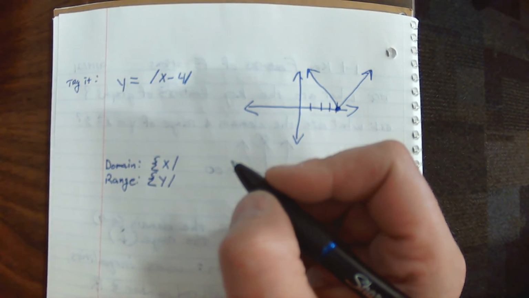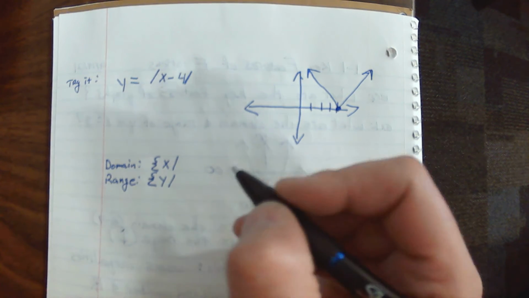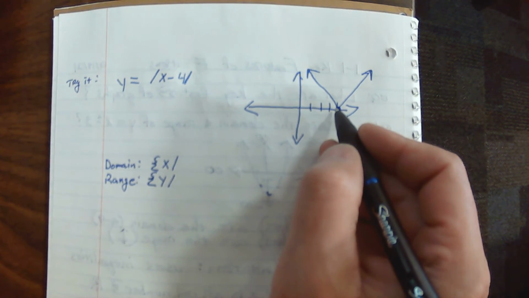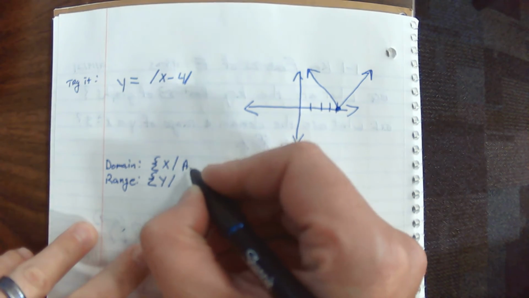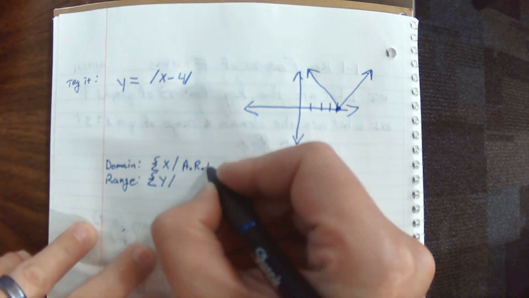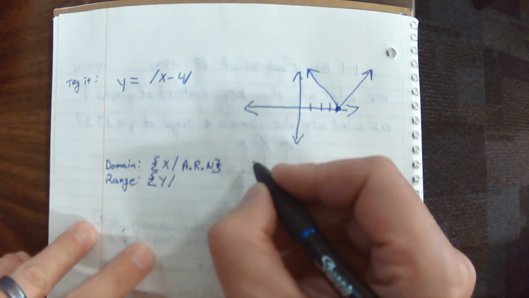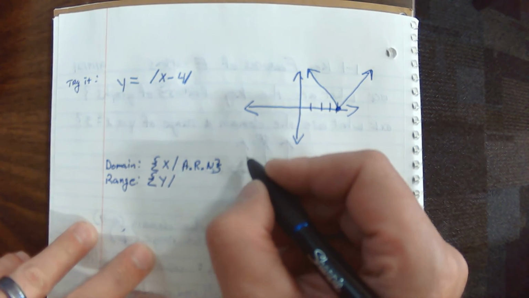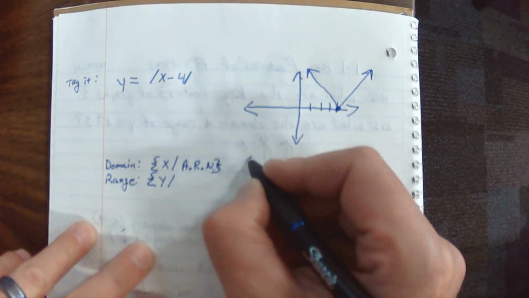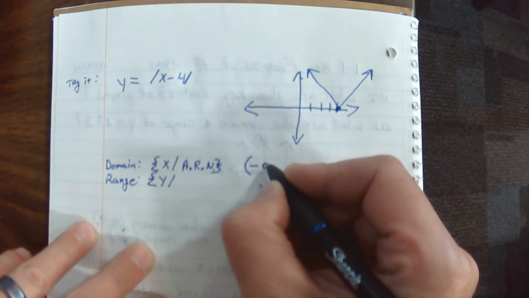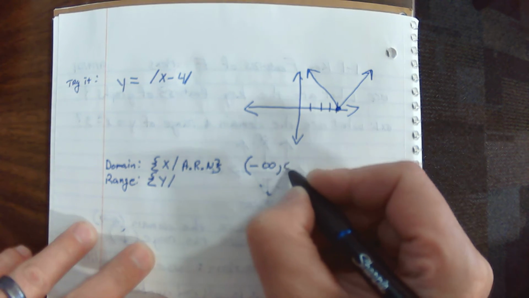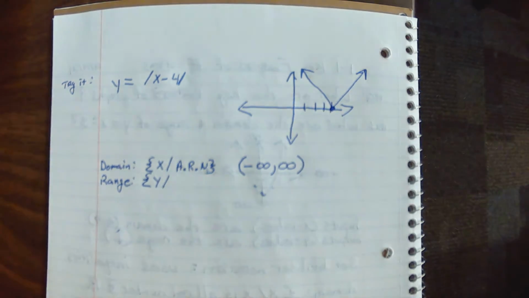All right, we should be just about done with this. The domain, does this absolute value ever stop going left or right? So it's all real numbers. I'm just going to abbreviate that ARN for all real numbers. And in interval notation form, can you touch infinity? So it's parentheses negative infinity, comma positive infinity.